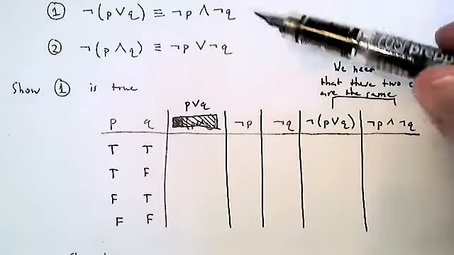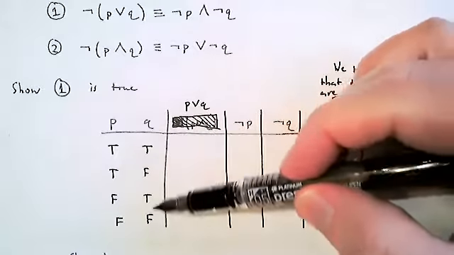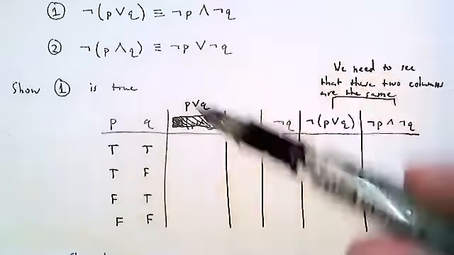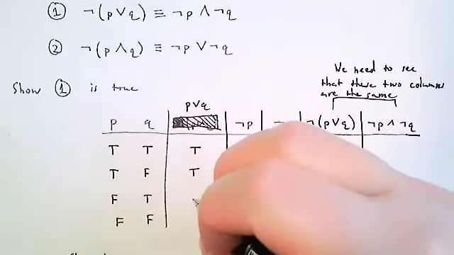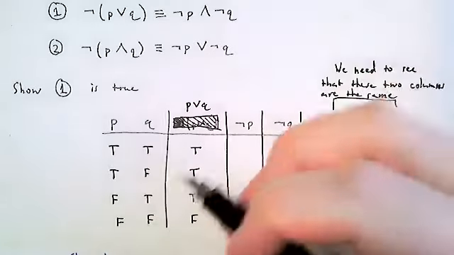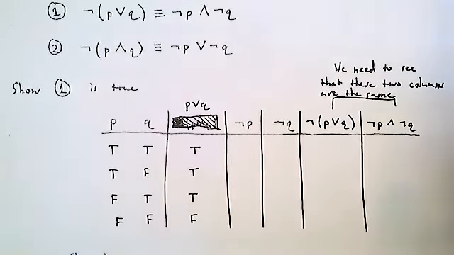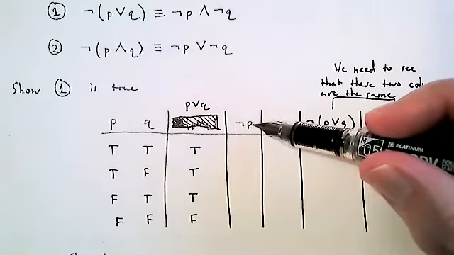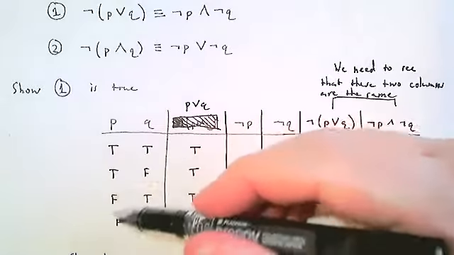And then we start filling in. P or Q is true when there's at least one true in these two. So we'll get a true, true, true, and then finally a false, since we have two falses in this bottom row. And then the negation of P switches the truth value of this column.